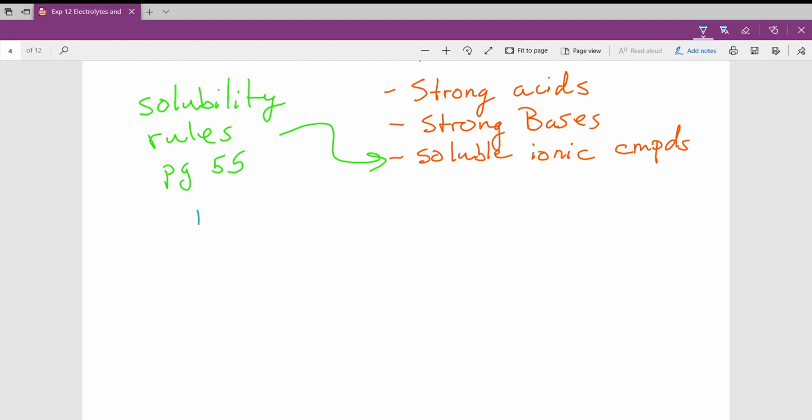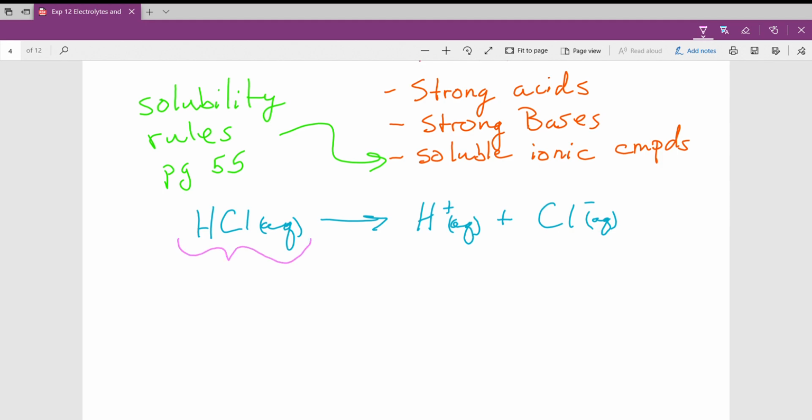Just an example, if we have HCl aqueous, that will dissociate to give us H+ aqueous plus Cl- aqueous, okay? Now, that doesn't tell us how much of each one there is, but for HCl, it's a strong acid.